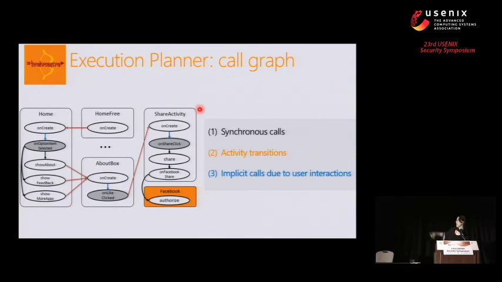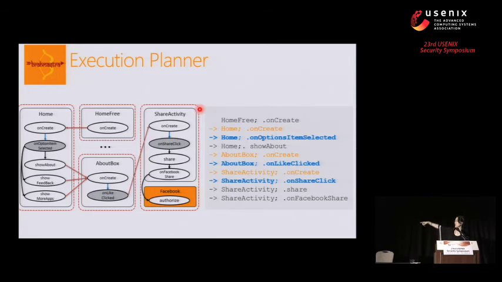And then lastly, we look at the callbacks that are triggered by user events, like clicks and those things. Those user events usually trigger some other calls, so we look at the code, and those relations are also linked here. So we have this call graph, and once we have it, from this target method, we backtrack and create this path.